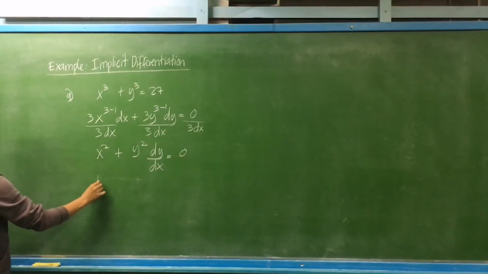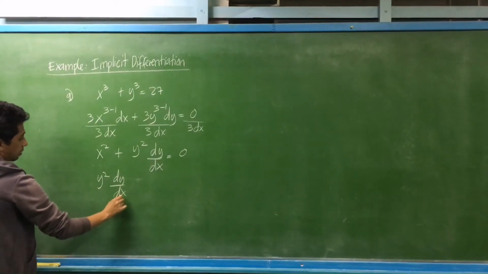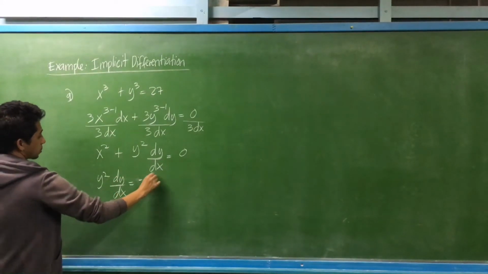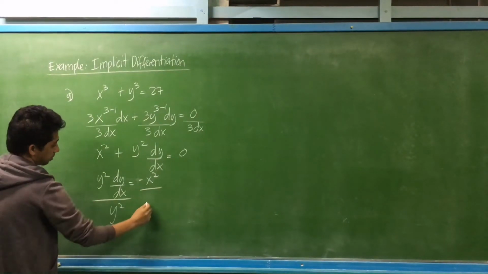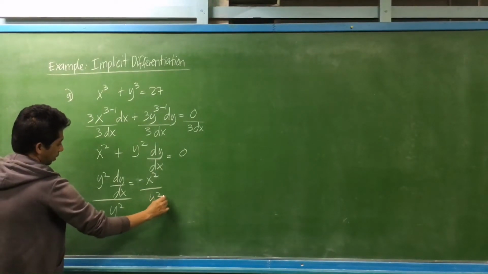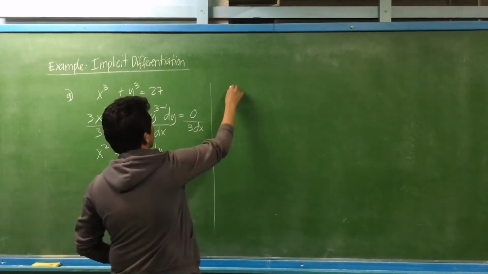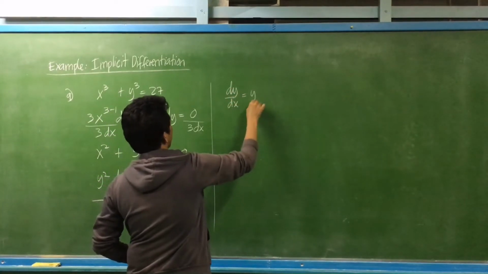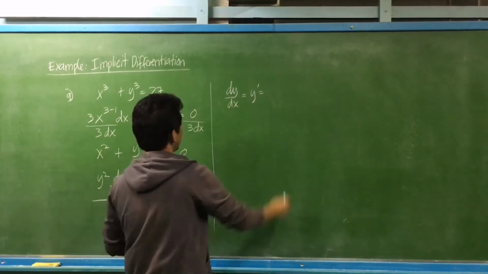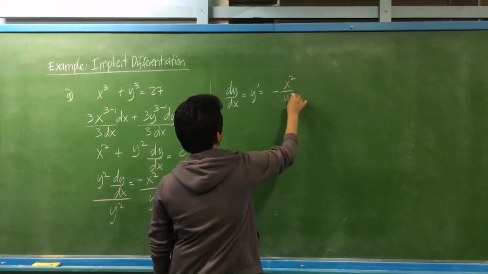So we have the equivalent of y squared dy over dx now equal to negative x squared. Dividing both sides again by y squared, the equivalent of dy over dx, or the same as y prime, is equal to negative x squared divided by y squared.